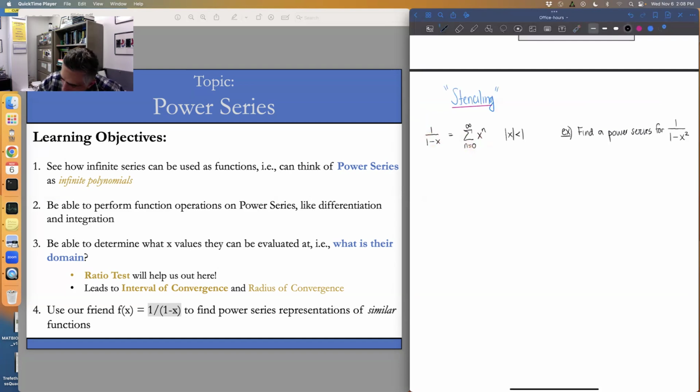I'm just going to rewrite what we have, the same thing down below. And the next step I'm going to do is basically anywhere I see an x on the left side and x on the right side, I'm just going to go ahead and surround it with parentheses.